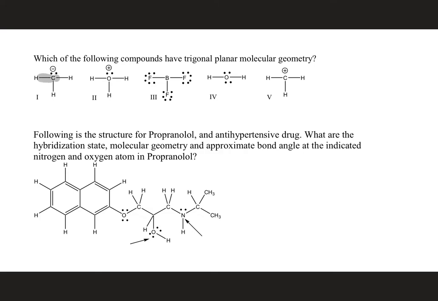So we have a carbon here with 1, 2, 3, and 4 different directions electrons come off, so that's tetrahedral. If it was drawn, you would draw the tetrahedron like this, and it would be trigonal pyramidal, so it's not 1. The oxygen here would be the same thing.